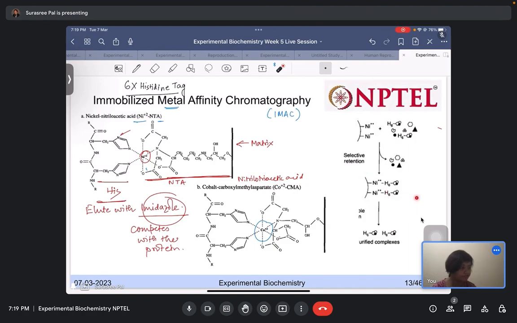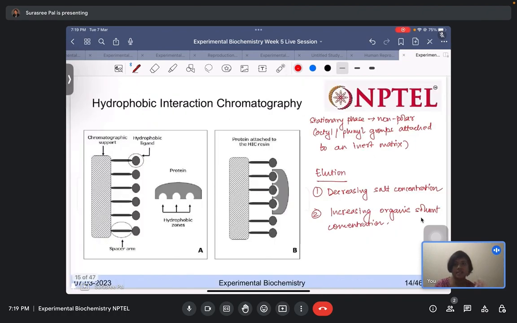Then we elute these proteins out with imidazole, and we will have these purified complexes. Now that is affinity chromatography. Next is hydrophobic interaction chromatography.